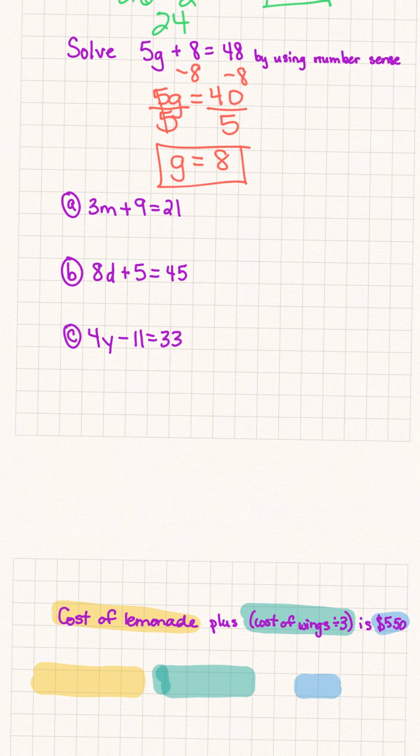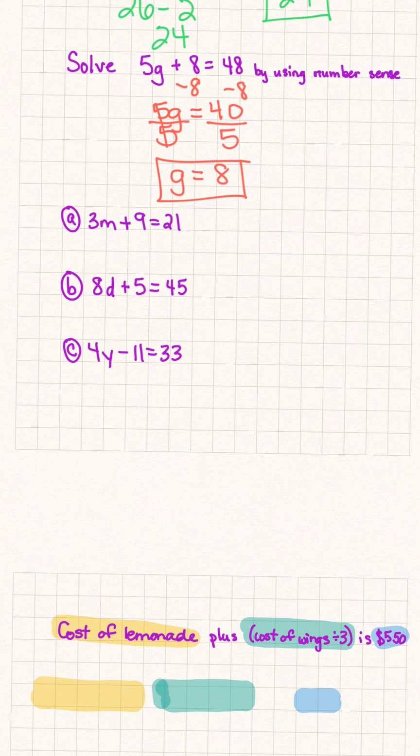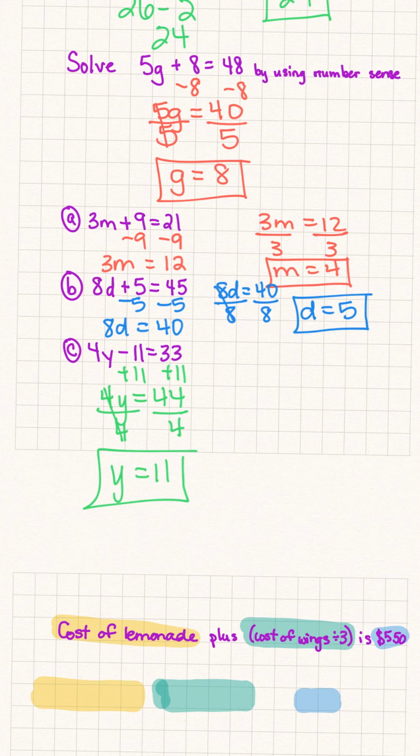Try the next 3 on your own. Check back to see if you got them right. You should have got m equals 4 for A, d equals 5 for B, and y equals 11 for C.